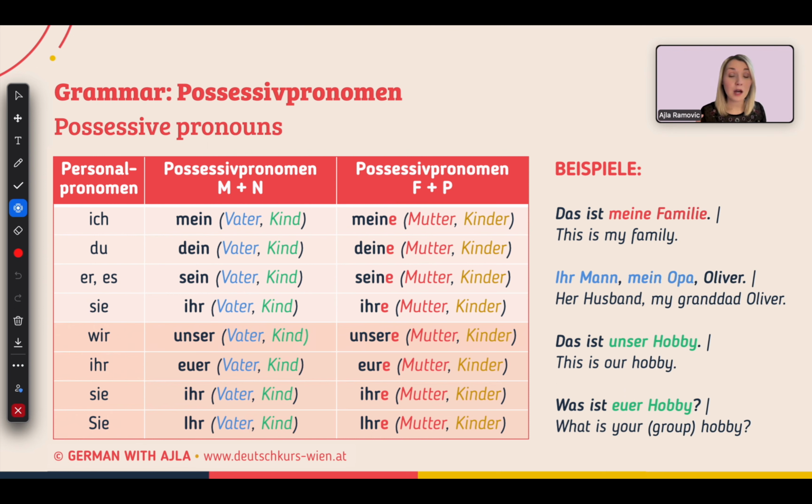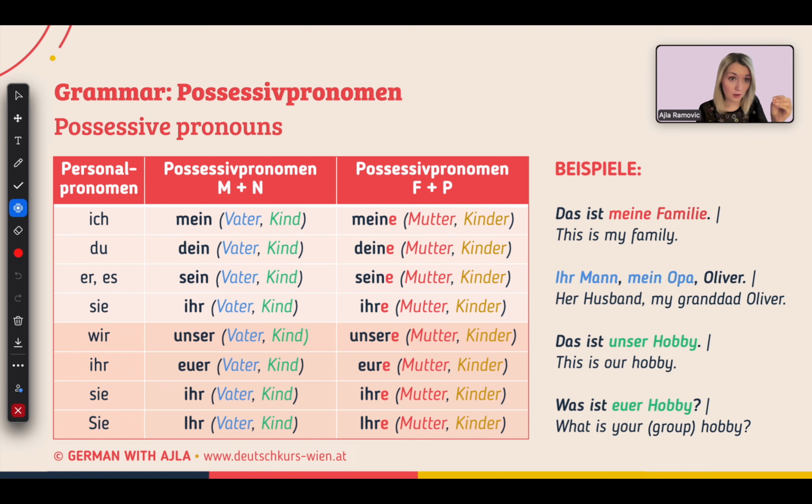Here the pronoun itself is changing, not only the ending. Euer and eure meaning your, but as a group. For example, imagine that you are speaking to some kids. There are more of them, and you are asking those kids, this group of kids, is this your mother?